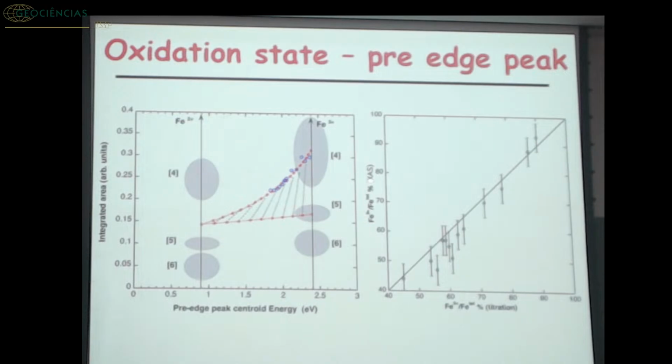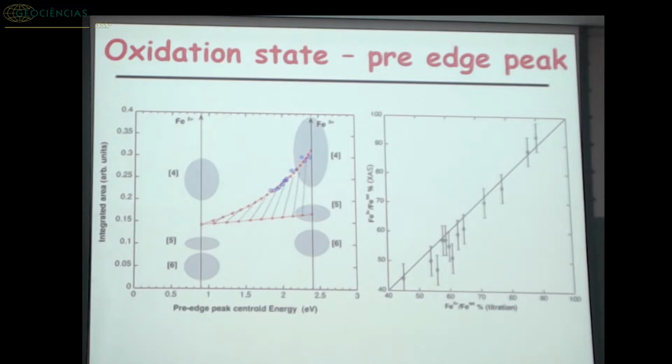And if we compare the one computed by X-ray spectroscopy and the one determined by titration, we see that they plot on a 1-to-1 line with a very small error. So if we are good with a relative error of 5%, then this technique is good.